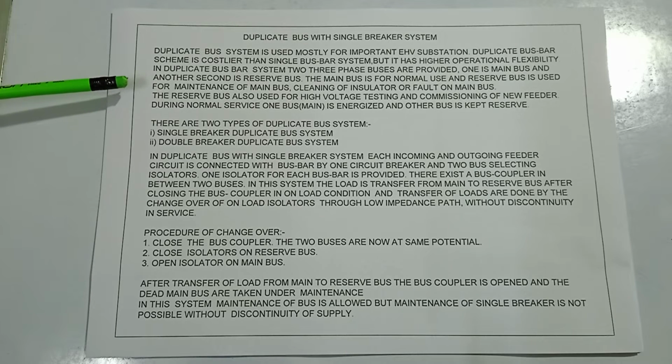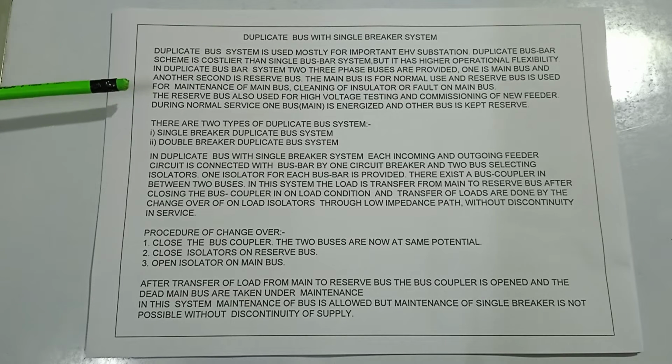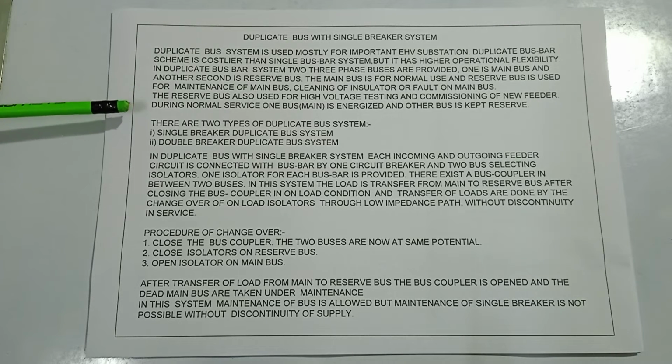The main bus is for normal use and the reserve bus is used for maintenance of the main bus, cleaning of insulators or fault on the main bus. The reserve bus is also used for high voltage testing and commissioning of new feeders. During normal service, the main bus is energized and the reserve bus is kept reserved.